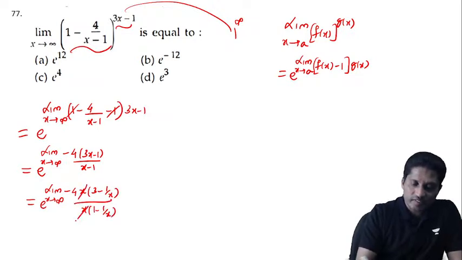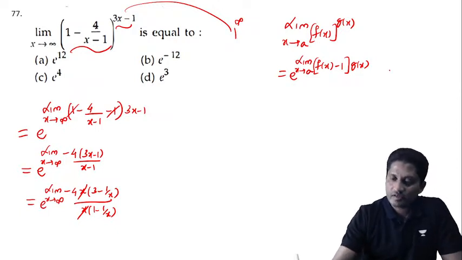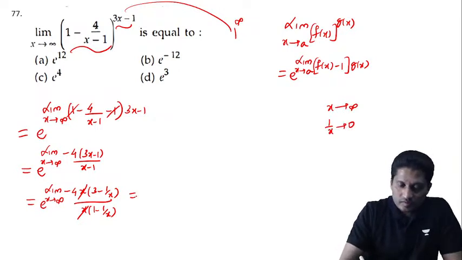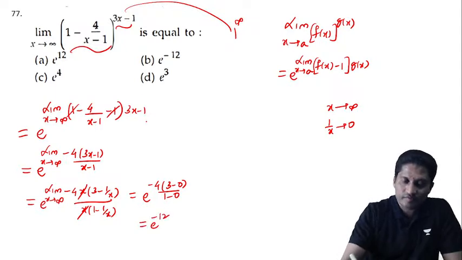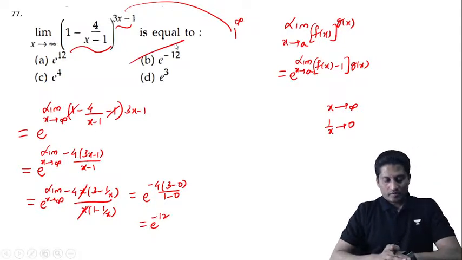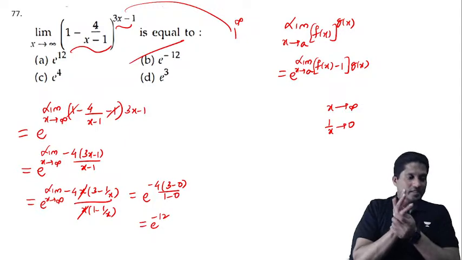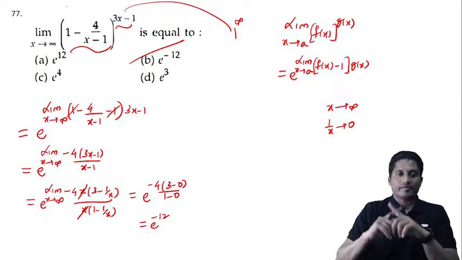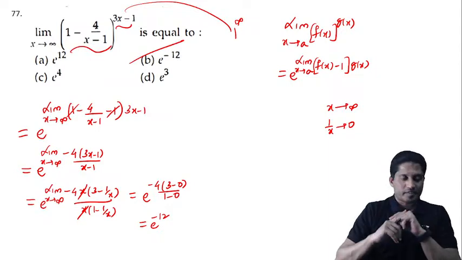This x will cancel with x. Now if x is tending to infinity, 1 by x will tend to 0. This is e to the power of minus 4 into (3 minus 0) divided by (1 minus 0). Answer is e power minus 12. You understand, guys? Same level, 1 power infinity, f power g(x) uses this formula. We have done similar questions in previous year papers as well.